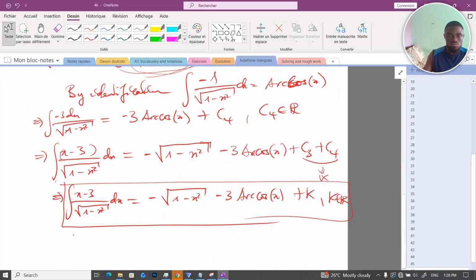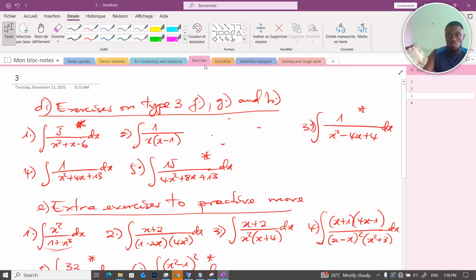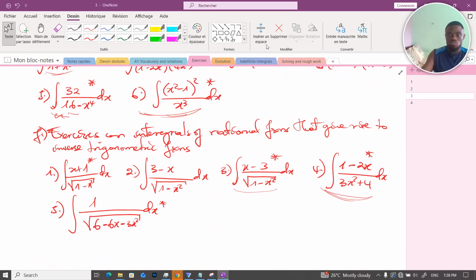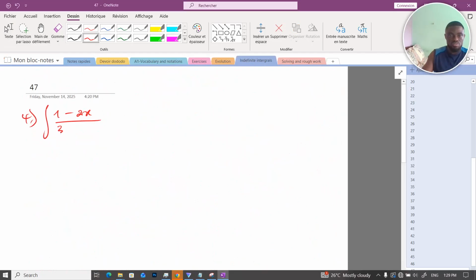Let me go to the next page. There's no more enough space here. So question 4, the integral of 1 minus 2x all over 3x squared plus 4 dx.